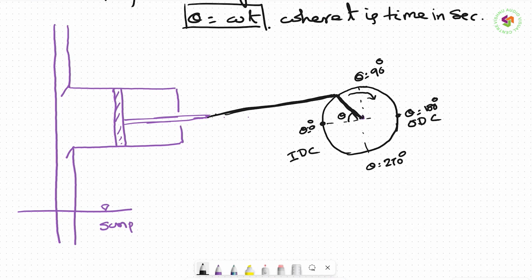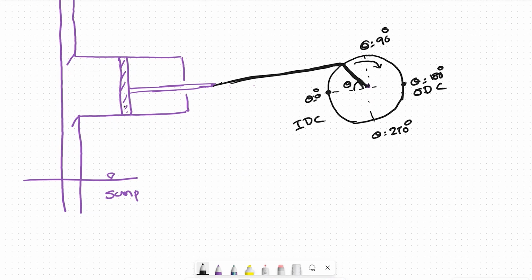Right? Now, if I take it, listen carefully. At the beginning, the piston is at this position. When the piston is at this position, the crank position coincides with the inner dead center. Now, as the crank starts rotating, next, if I take it, it moves to this distance.